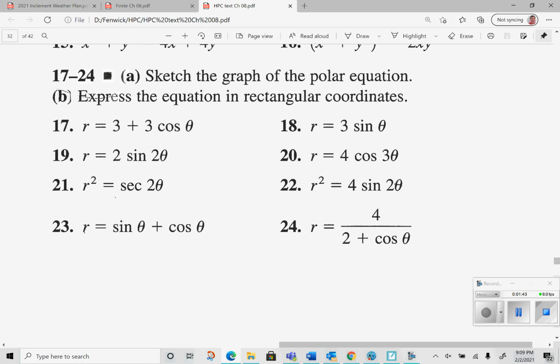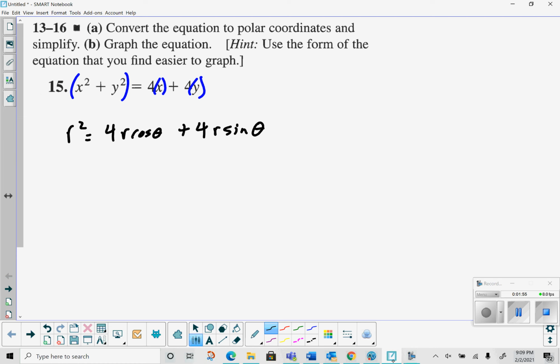Now, a couple of the more challenging graphs here, it's not just set equal to r, it's set equal to r squared. But the standard basically is we should have all of the r's on one side and nothing but theta on the other side. Well, I have r on both sides.